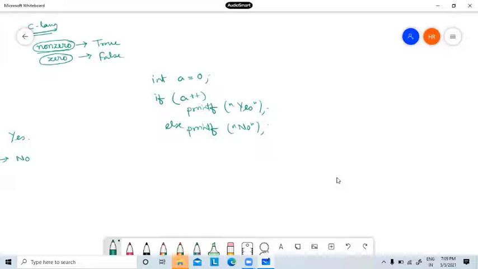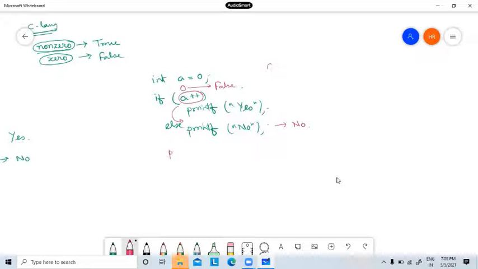This is a post increment. So how is post increment executed? First it will assign the value, then it will be modified. Now what is the value of a? The value of a is 0, so the assigned value in this position is 0. Now what is the meaning of 0? 0 means false. Okay, so it will move into this part and it will print the output no.